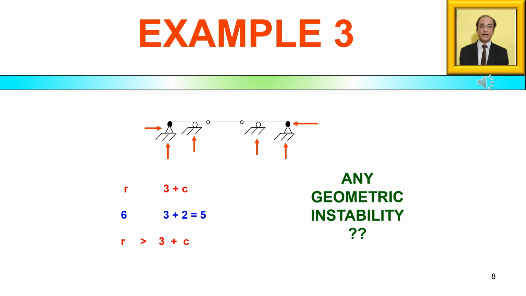Similarly, the right hand side of the structure is also stable in itself. So if the two are stable, then definitely if a connection is made between the two, the new structure will also be stable. Hence, the final conclusion is that the structure is stable and indeterminate to first degree.